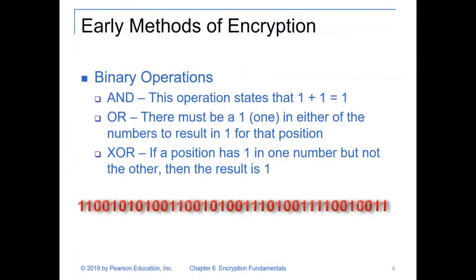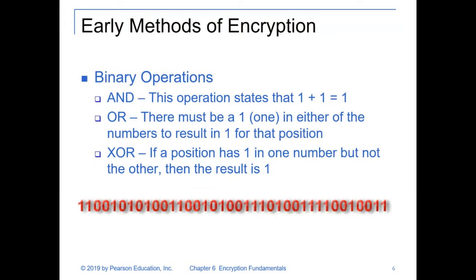All right, so binary operators. For this you take 2 binary numbers and compare them one place at a time. In the AND operation, for example, if both of them have a 1 in the same place in the binary number, then the result is going to be a 1.